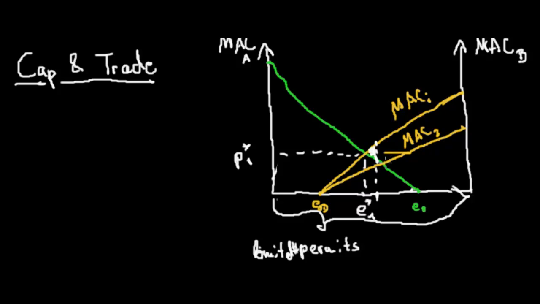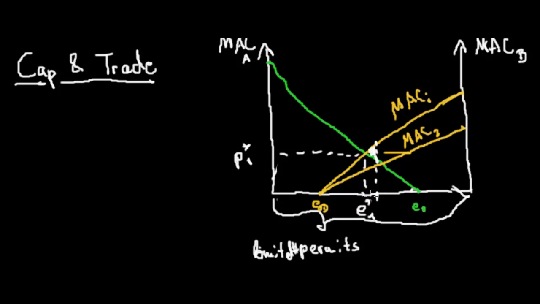As we can see, before, firm B had in this particular case a higher abatement cost than firm A, and had to buy a certain number of units here.